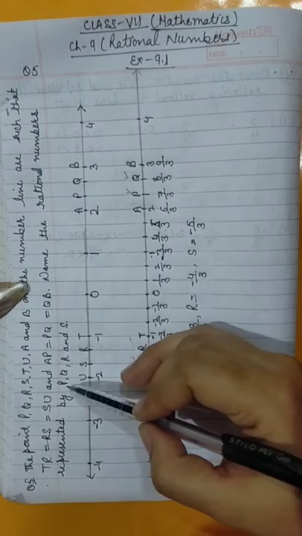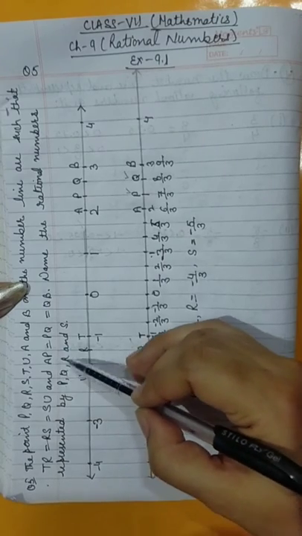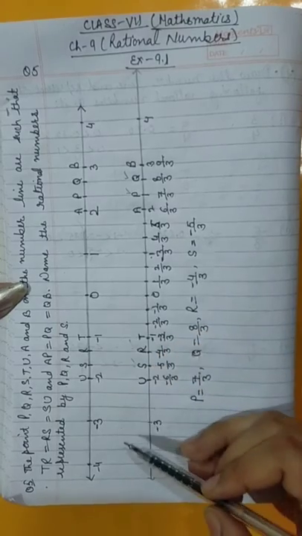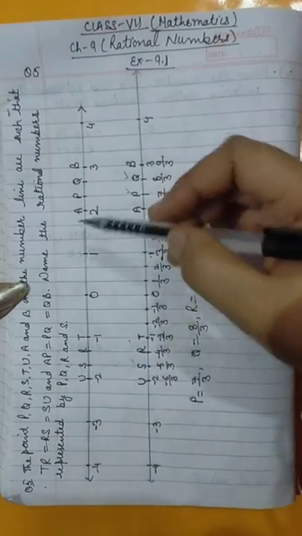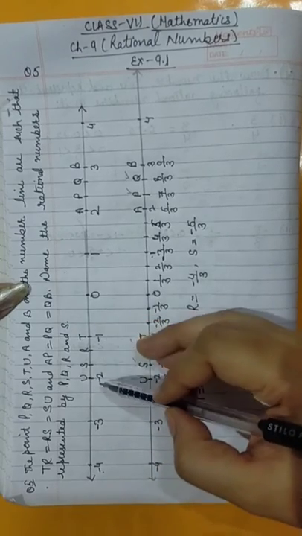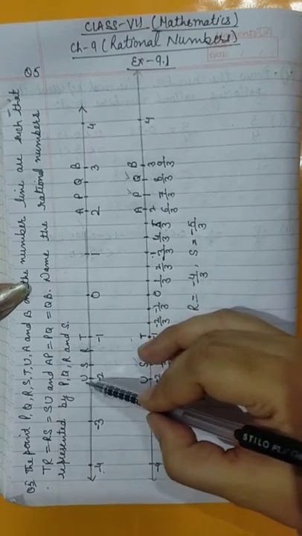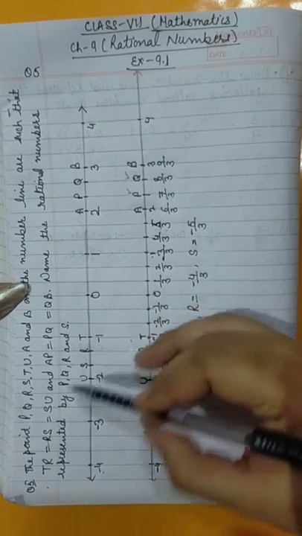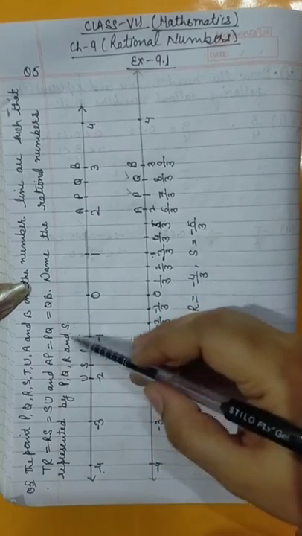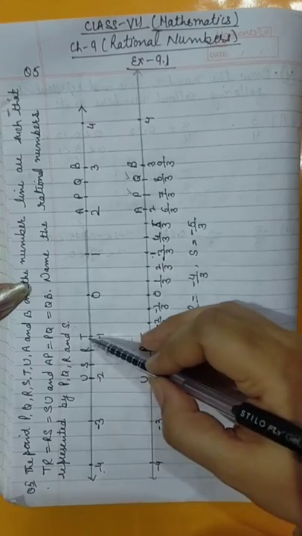Meaning, we have to find which rational numbers P, Q, R, S represent. See here we have a number line with -4, -3, -2, -1, and between -2 and -1 there are U, S, R, T. The required R and S, the rational numbers we have to find, are lying in between the U and T interval.